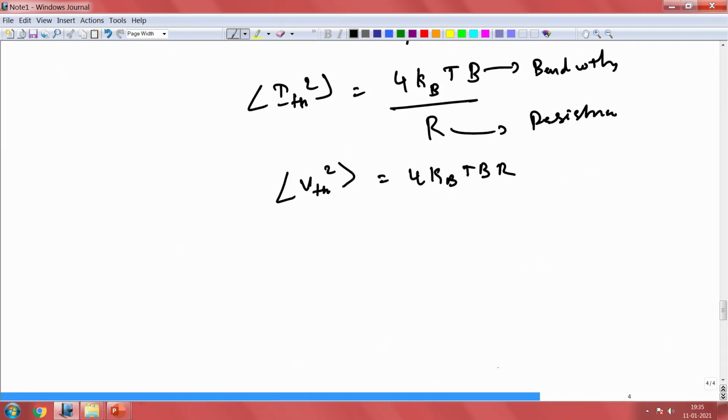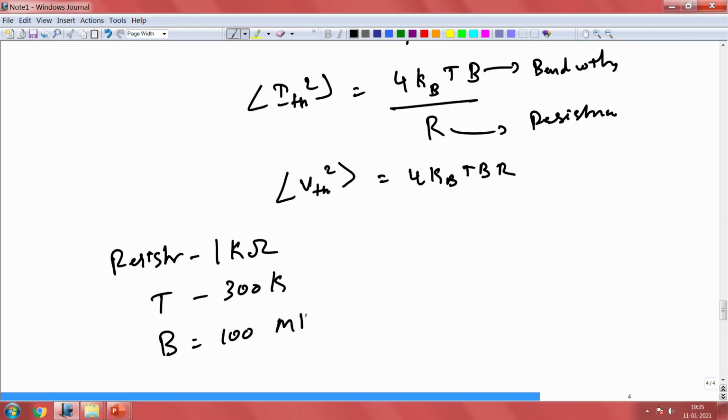For example, if you take a very simple example where you have a 1 kilo ohm resistor that you use as a load resistor at room temperature of 300 Kelvin, and a bandwidth of about 100 megahertz, your thermal noise will be about 41 nanoamps.